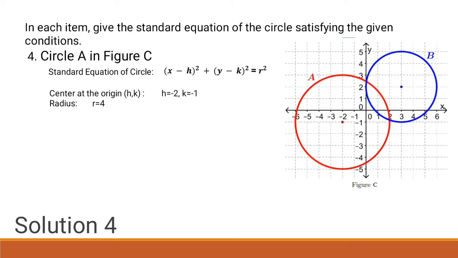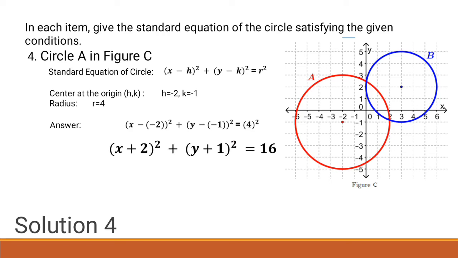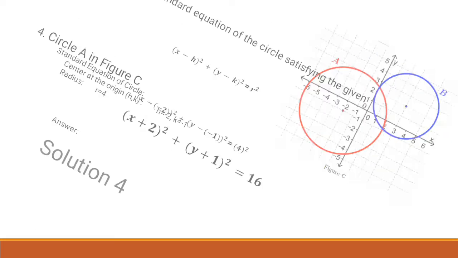Our radius is r = 4. And our answer is (x - (-2))^2 + (y - (-1))^2 = 4^2. Therefore, the standard equation of this problem is (x + 2)^2 + (y + 1)^2 = 16.